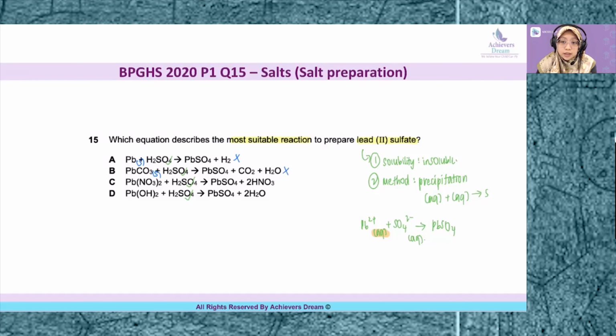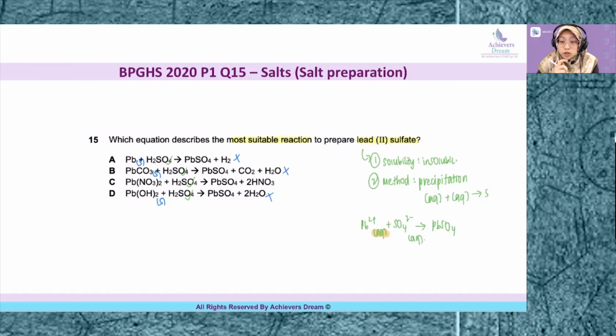Option D, lead(II) hydroxide: all hydroxides are insoluble except for group 1 hydroxides and barium hydroxide, while calcium hydroxide is sparingly soluble. The state symbol for lead(II) hydroxide is solid, so Pb(OH)2 is also unsuitable.